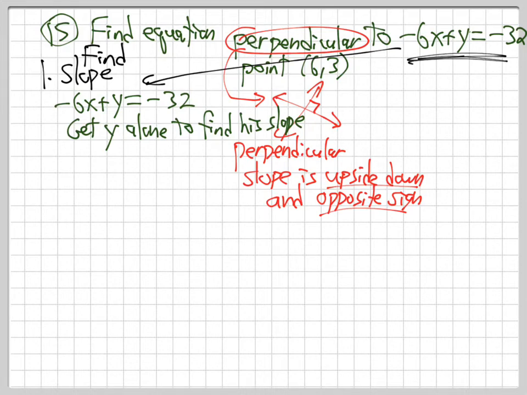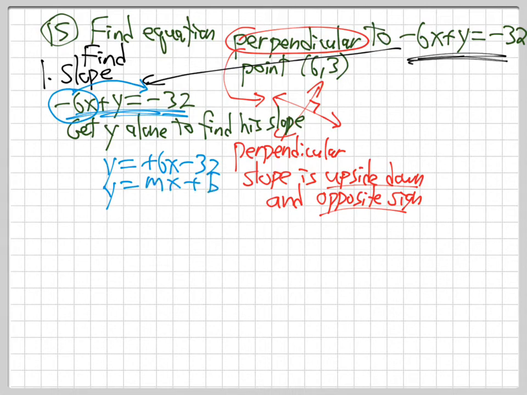So how do I get y alone? Take this equation and get y alone. Y is saying, I want to be alone. So what do I do? Take that -6x and jump it. It becomes a plus 6x, right? When things jump over to the other side, they switch their sign. All right, I got y alone. Remember y equals mx plus b?